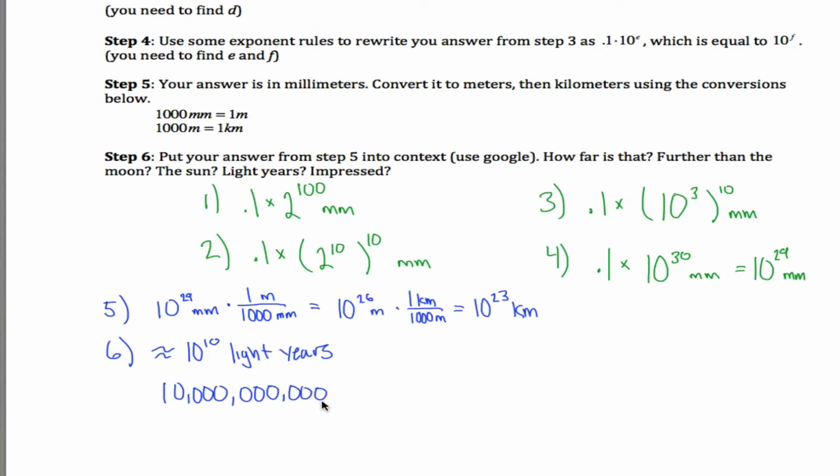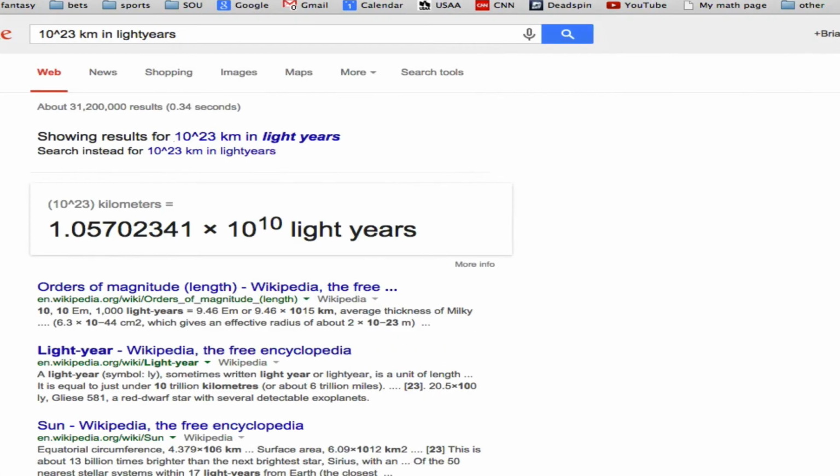That's 10 zeros. 1, 2, 3, 4, 5, 6, 7, 8, 9, 10. We're saying it would be 10 billion light years. It's pretty big. That's ridiculously big. That's bigger than you can even fathom. Way further than the moon, way further than the sun.